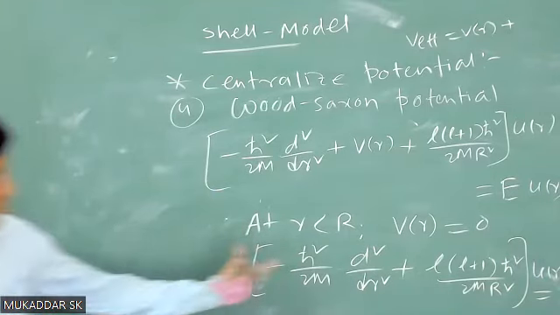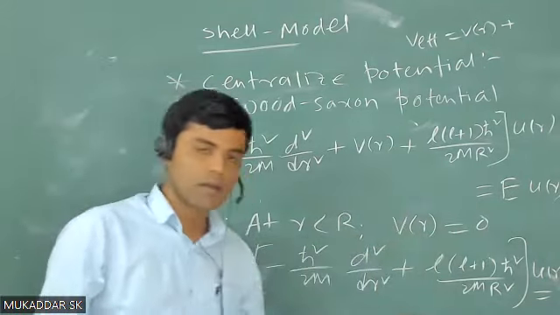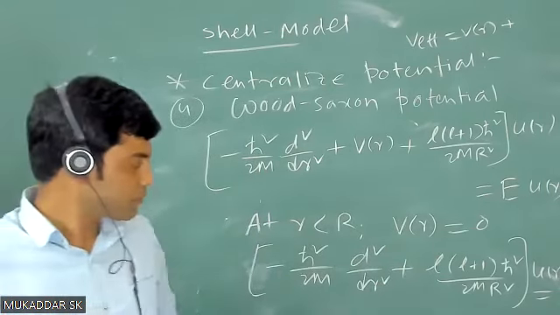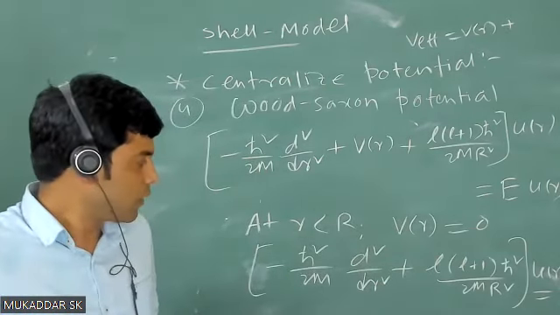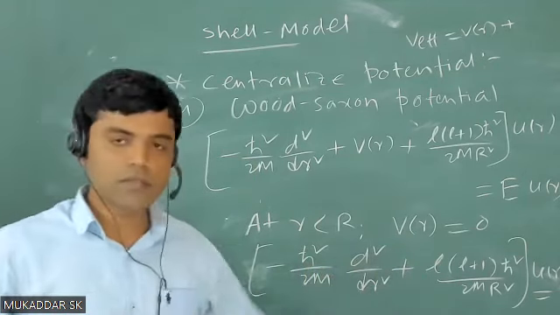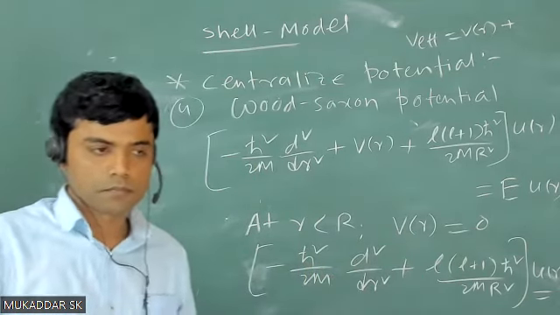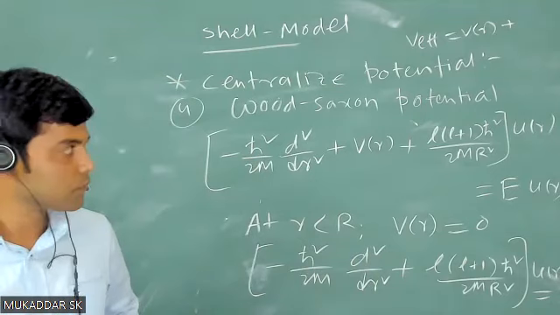Okay, so in this scenario the potential is 0, and it reduces to this. So what is the solution of this equation?